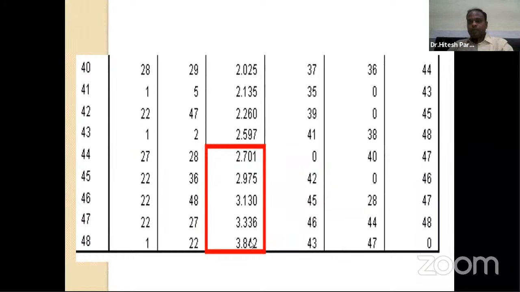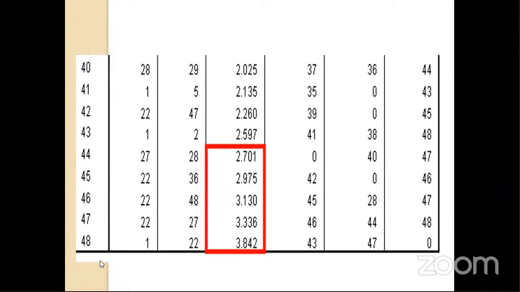How many clusters should we form? 1, 2, 3, 4 or 5? Just observe the difference and then take your decision. First of all, did you get this output? Yes, sir.